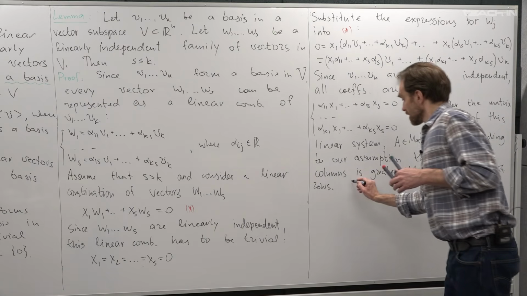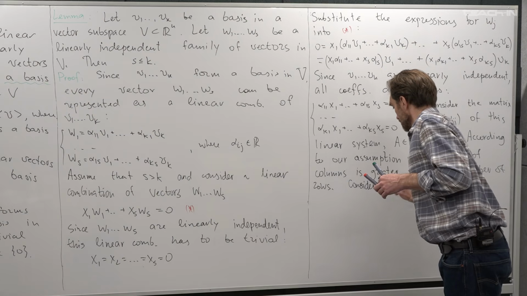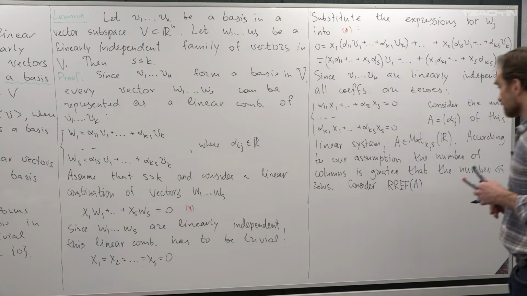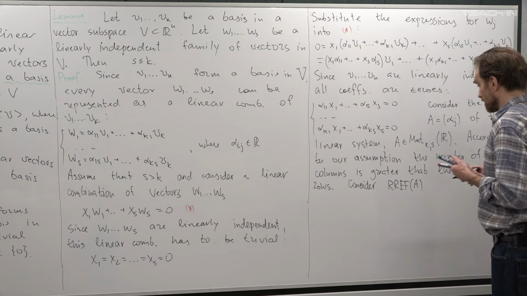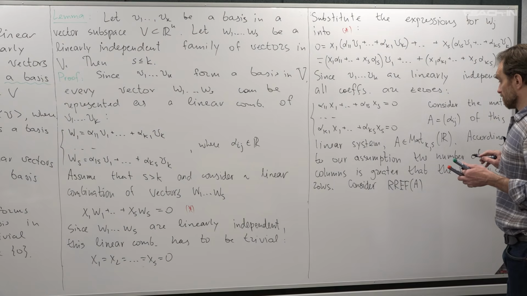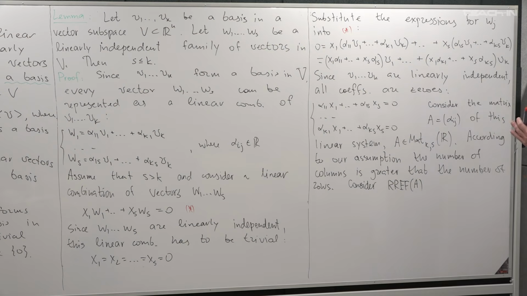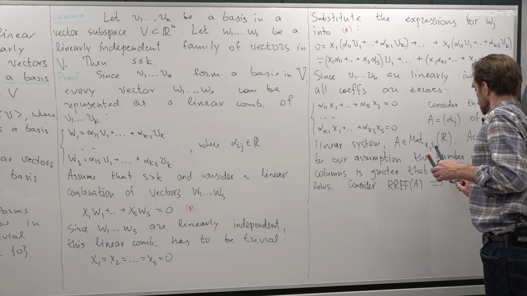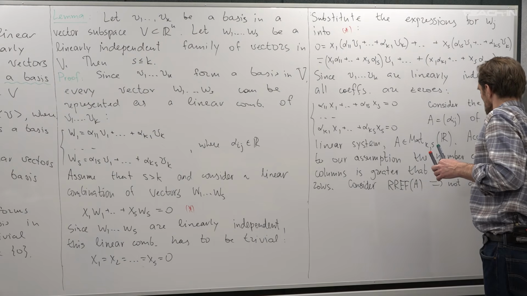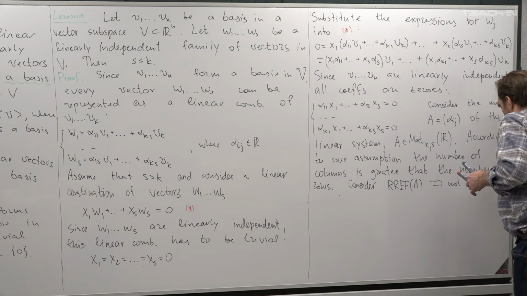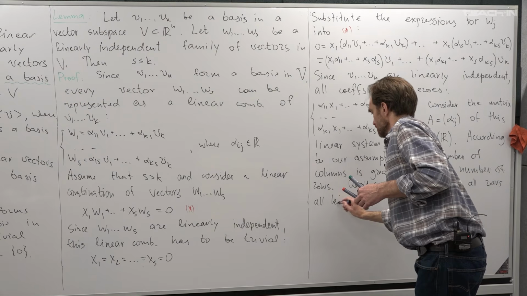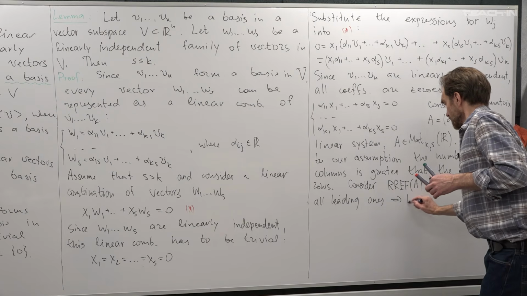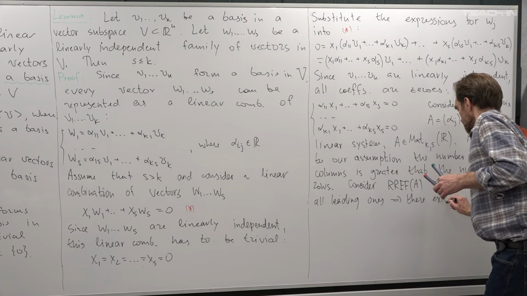Consider the reduced row echelon form of A. Since the number of columns is greater than the number of rows, not all variables are leading, so there exist free variables.